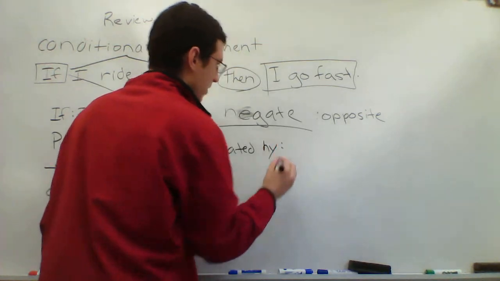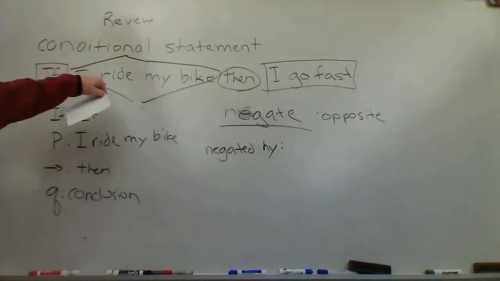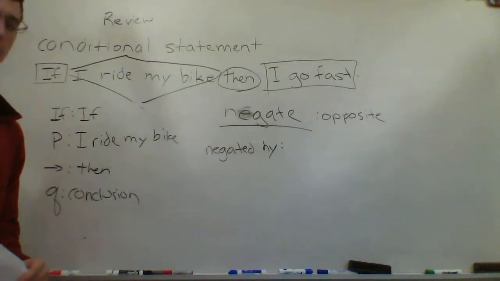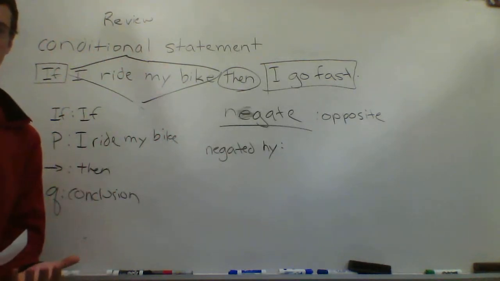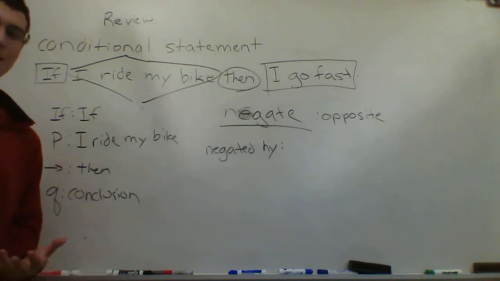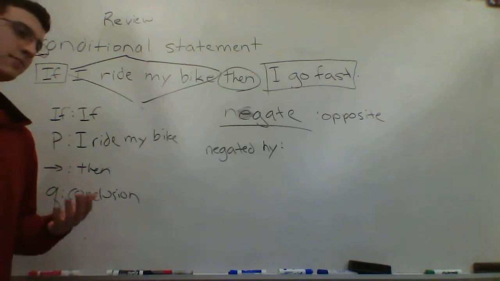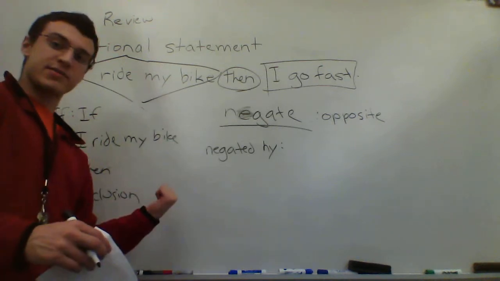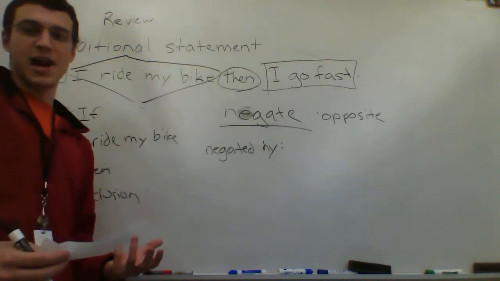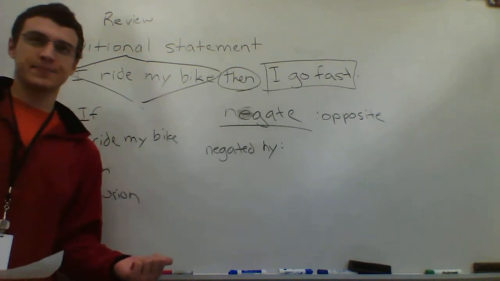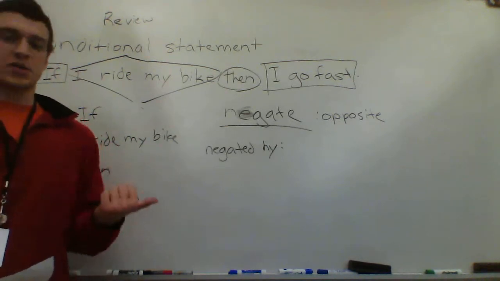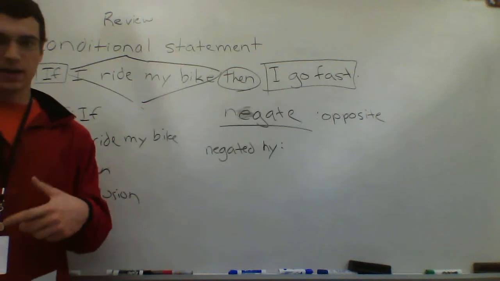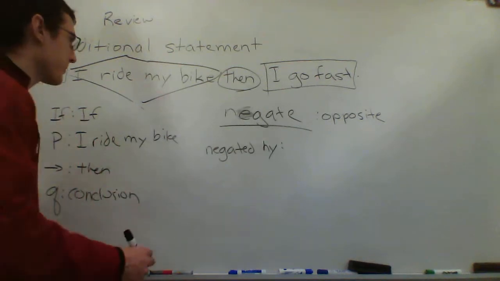What is the opposite of riding your bike? Not riding your bike. Not that hard. A lot of times negation will just mean adding a not in front of something, but basically it's just making the opposite. So I ate dinner, I didn't eat dinner. I went to school, I didn't go to school. I broke my leg, I didn't break my leg. Just the opposite. That's simple, right?